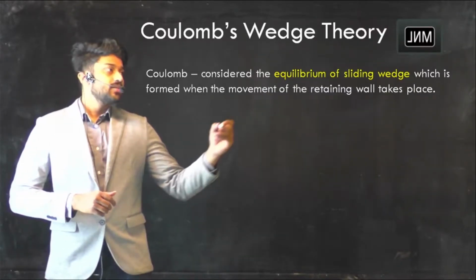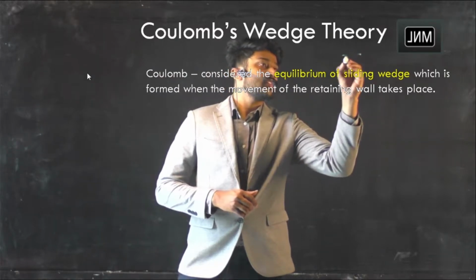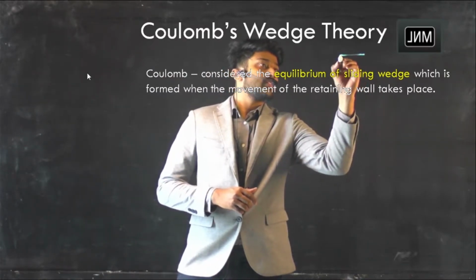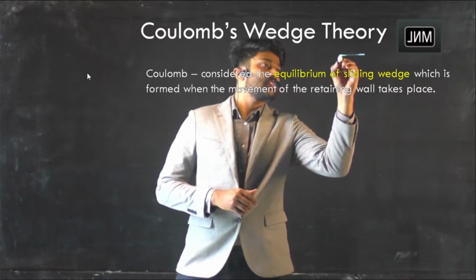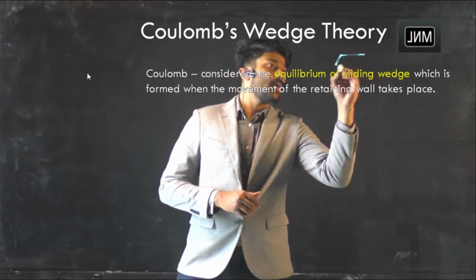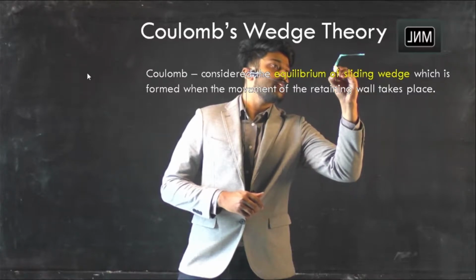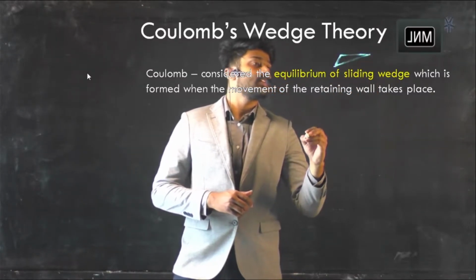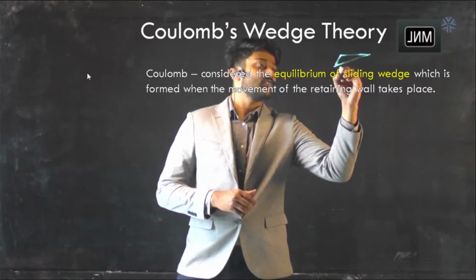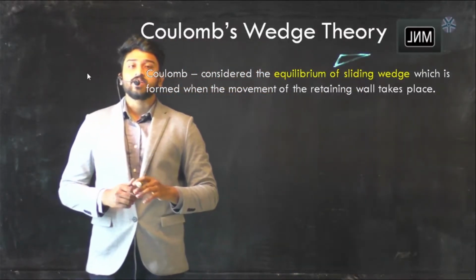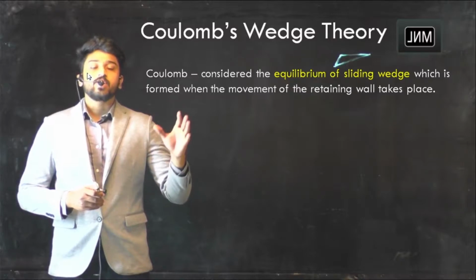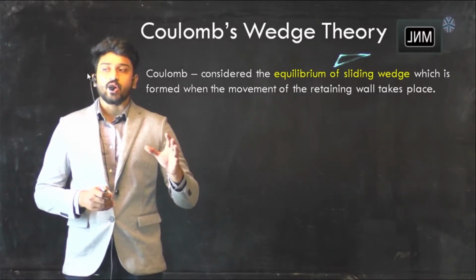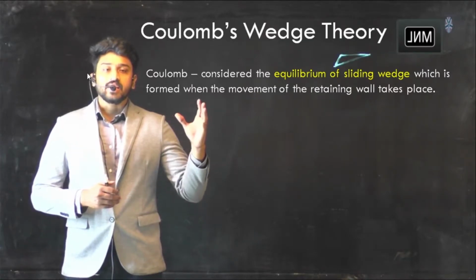If you consider this as a ground surface and a small embankment in this manner, the failure is in the form of a wedge. So Coulomb assumed that the failure is along the equilibrium of a sliding wedge, when the retaining wall movement is taking place.